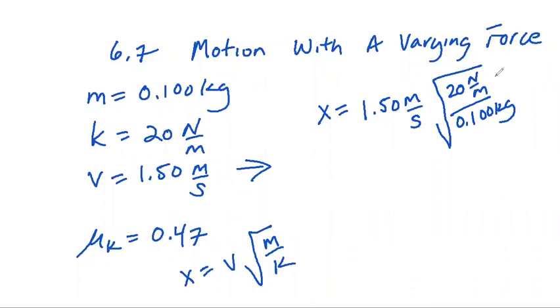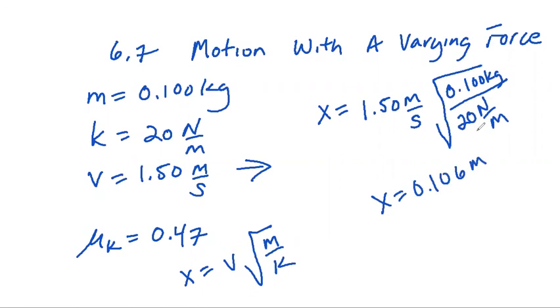It's m over k. So that's 0.100 kg divided by 20 newtons per meter, and that gives me a distance of 0.106 meters. X equals 0.106 meters. And that's the first part.